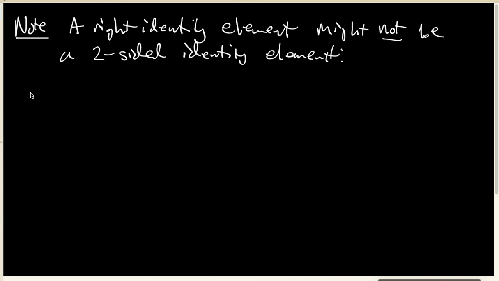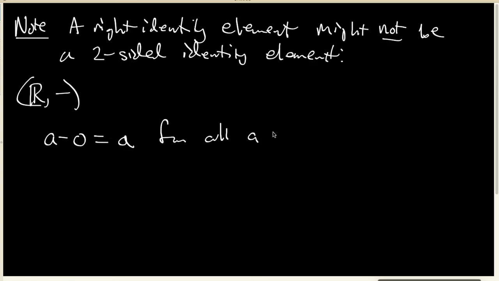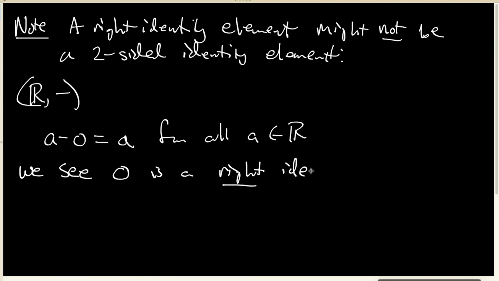Let's look at the real numbers under subtraction. Since a minus 0 is equal to a for all a's that are pulled from the real numbers, we see that 0 is a right identity for subtraction.